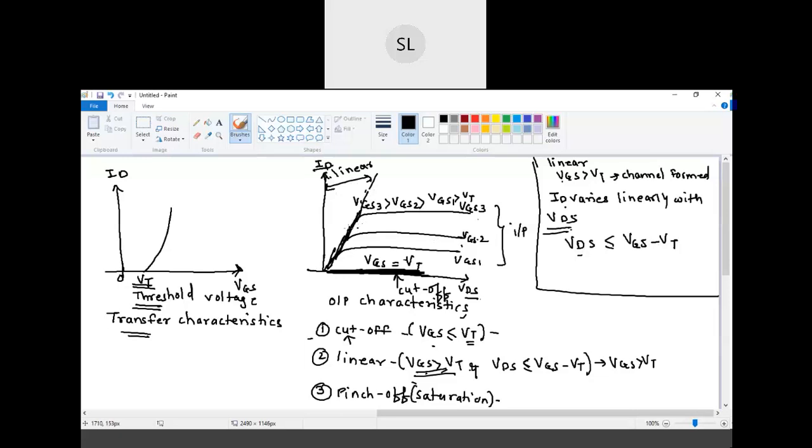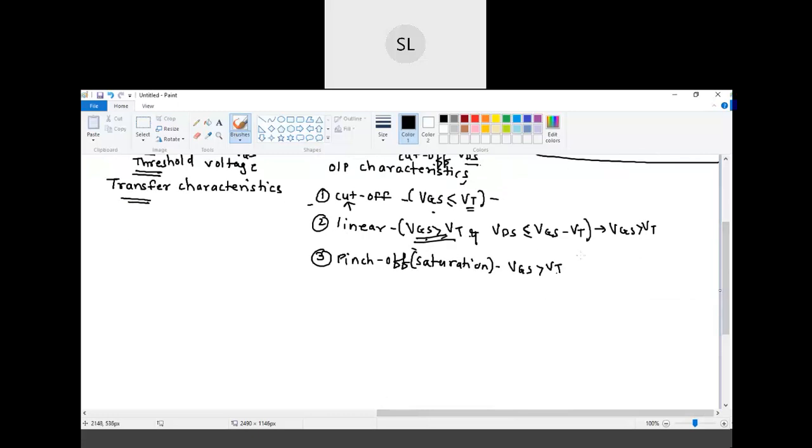Now, the next region is the pinch off or saturation region. Here, the important condition will be VGS has to be greater than VT, along with this, VDS is greater than VGS minus VT. Now what happens at VDS equal to VGS minus VT?